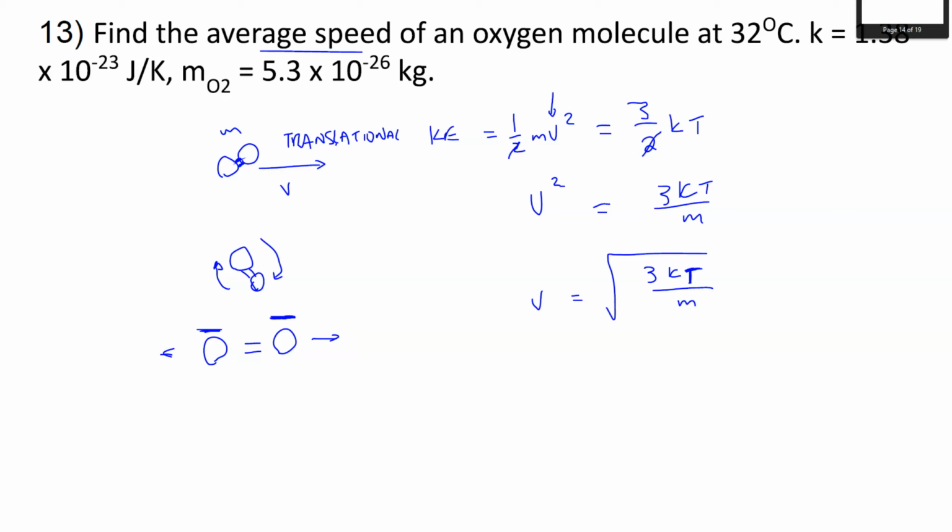So in real life, you have more going on. You would also have rotational and vibrational kinetic energy. But we're not worried about that. This is just a ballpark number, and good enough for what we're doing.